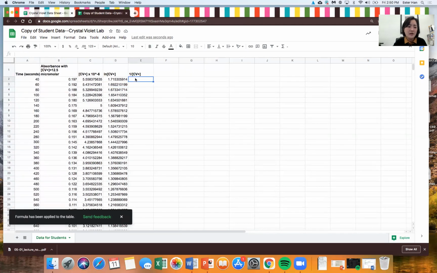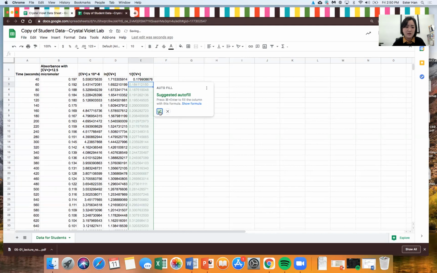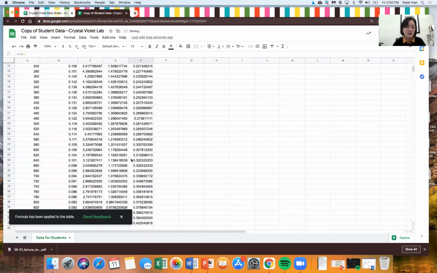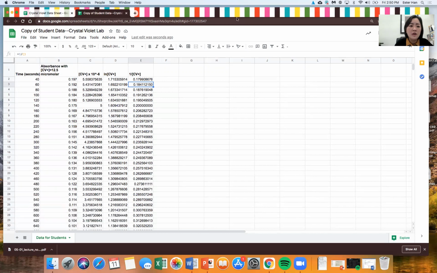Nice, right? Same thing over here for 1 over crystal violet. Equals 1 divided by, we're going to click the crystal violet concentration here, 1 over C2, enter, and then again, take the suggested autofill, and you're done here, okay? For you to actually figure out now what kind of order it is, 0, 1, or 2, you want to go through and turn this into a graph.